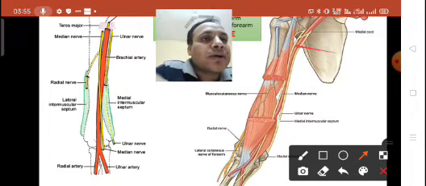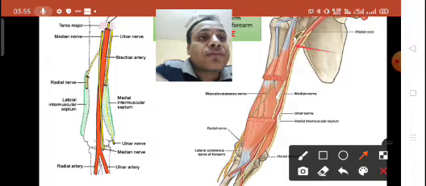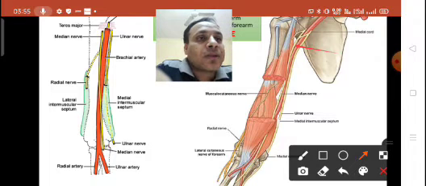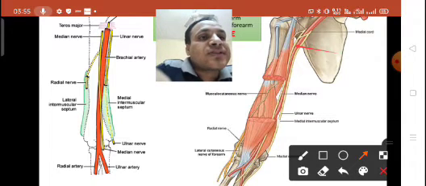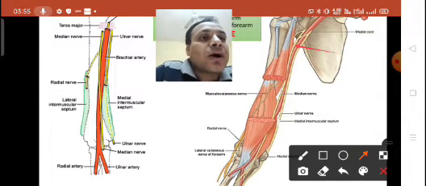The median nerve lies in the axilla lateral to the third part of the axillary artery and runs downwards and forward. It leaves the axilla and enters the front of the arm.